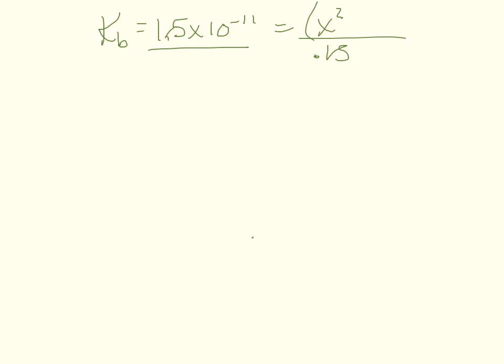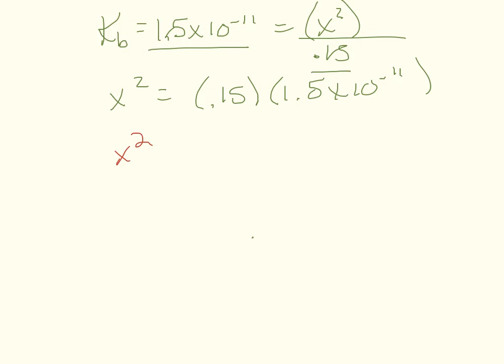Combining the product concentrations and then divided by the equilibrium concentration of the fluoride ion. And so then x squared would equal 0.15 times 1.5 times 10 to the minus 11. And that equals 2.25 times 10 to the minus 12.